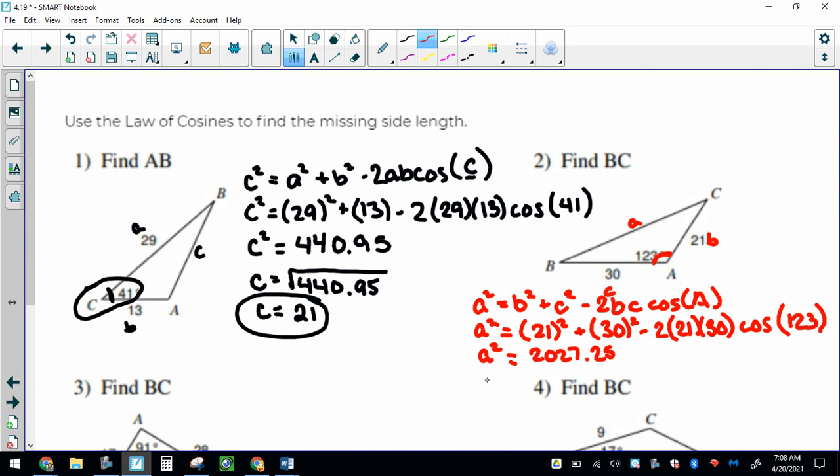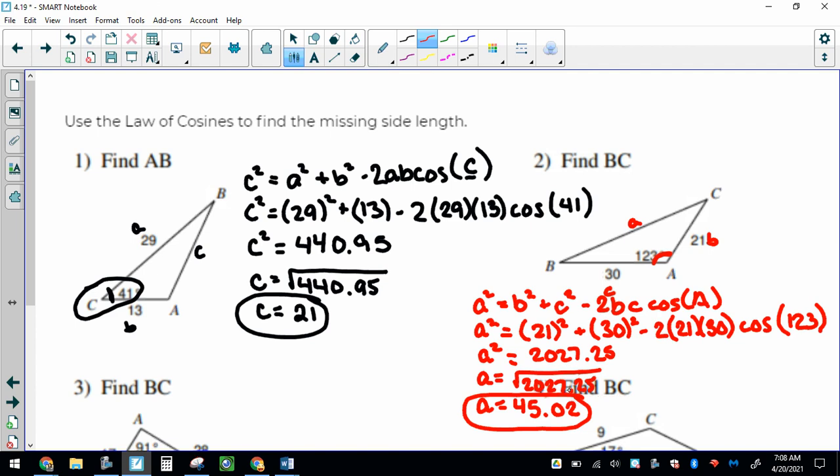And since that's a squared, we got to take the square root. So a is the square root of 2027.25. We can't do factor trees on decimals. So if I take the square root of that, I get 45.02. I'm rounding everything to the hundredth place today.